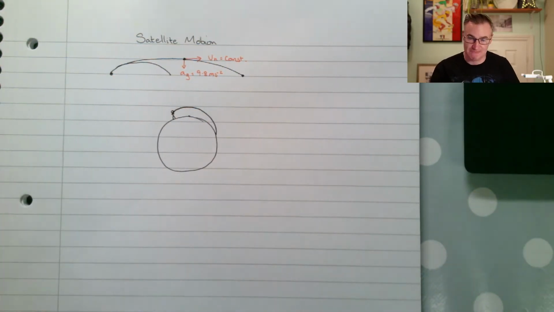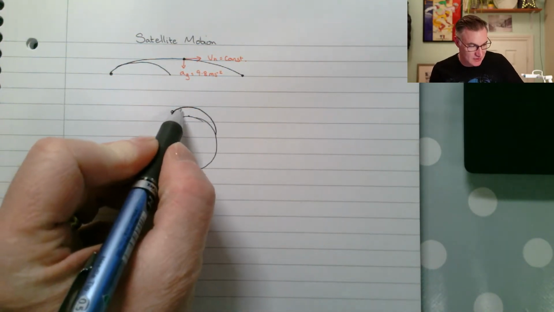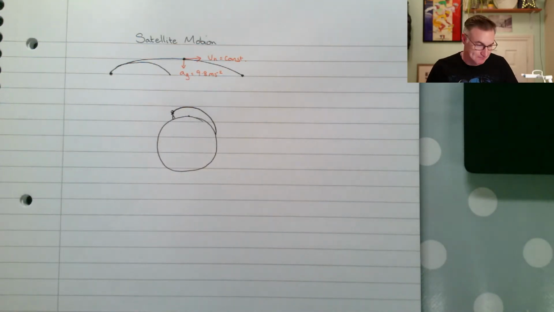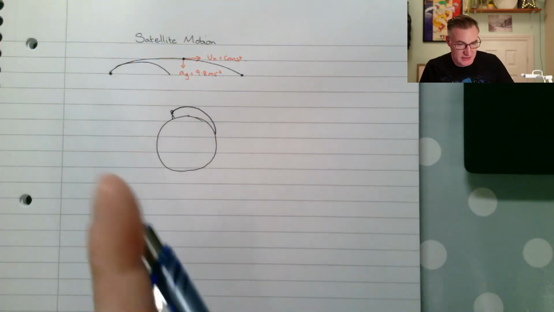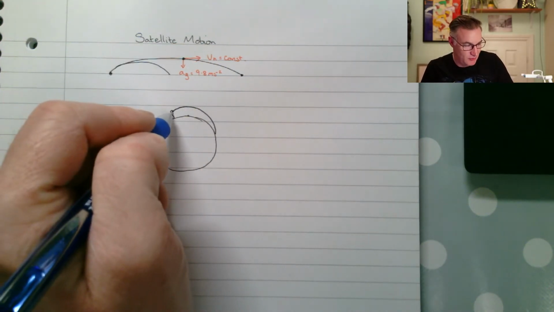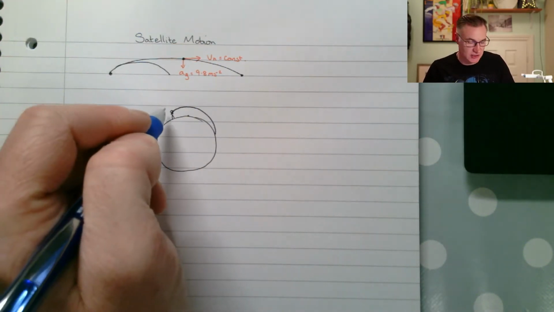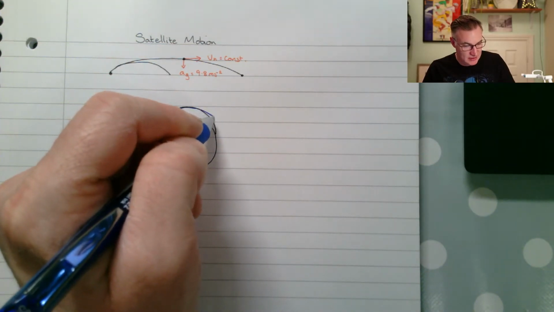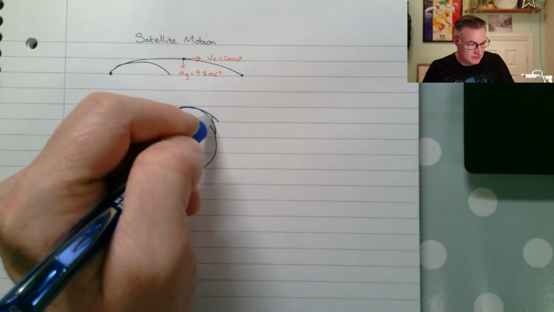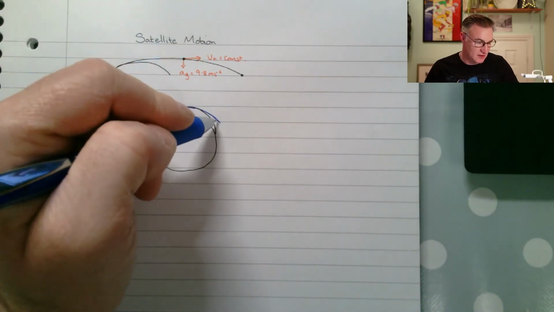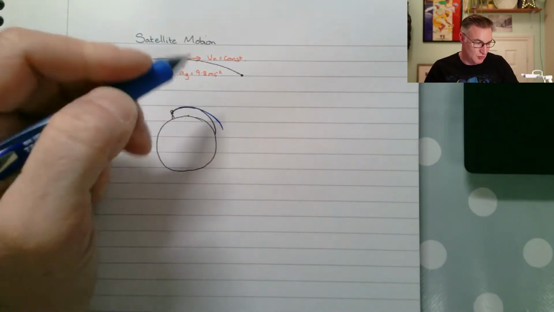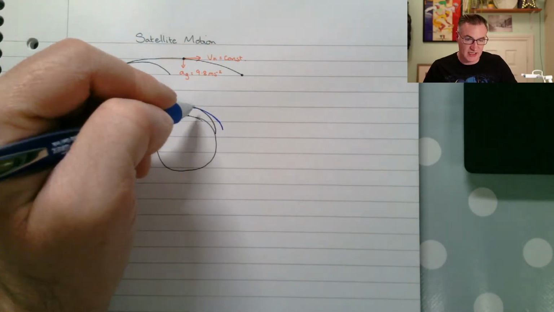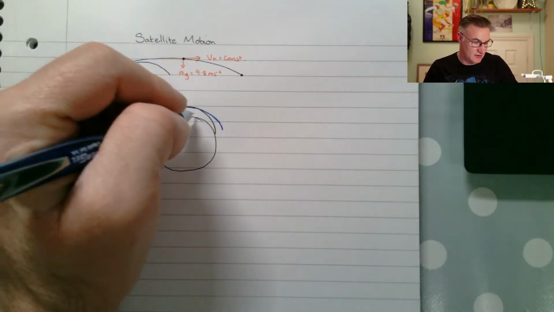but just now, if we throw it hard enough, we're starting to get the curvature of the Earth into play. So if I were to continue this and throw it at just the right speed horizontally, then it's going to travel far enough that its horizontal motion will be constant, obviously, but as it accelerates down towards the surface of the Earth, it'll bend down.